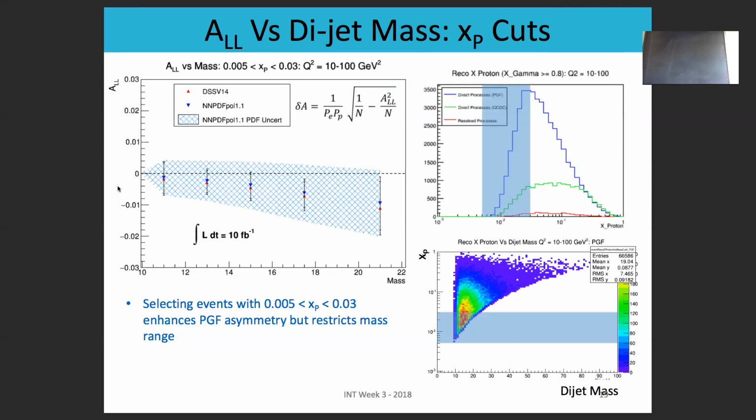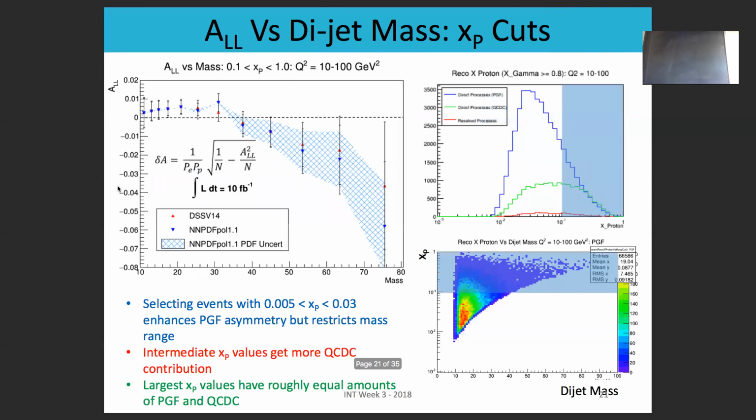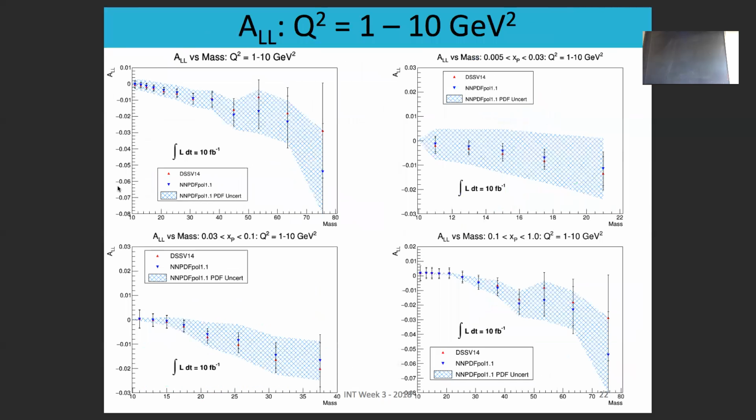This is purely expected statistical errors based on this formula, as well as 80 and 70% beam polarizations, and this is for an integrated luminosity of 10 inverse femtobarn. Then I show the same 4 plots again for a Q-squared between 1 and 10.